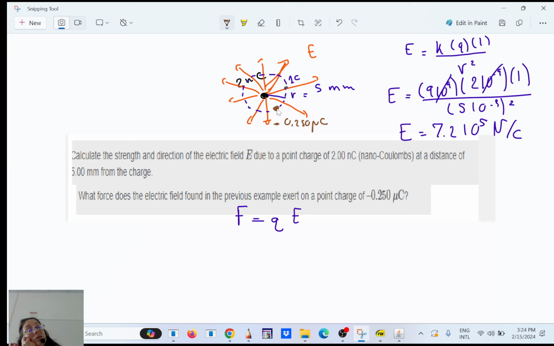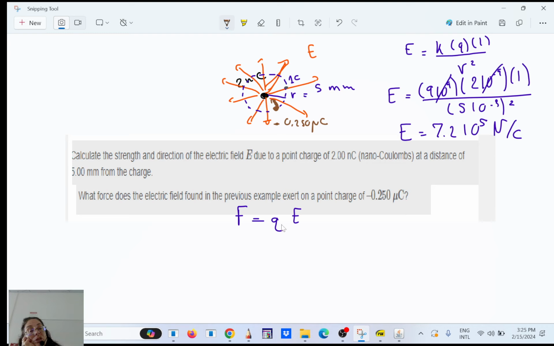Is it going against the electric field or with the electric field? Against. So it's going this way, of course, because this is plus, this is minus, so they're going to be attracted to each other.